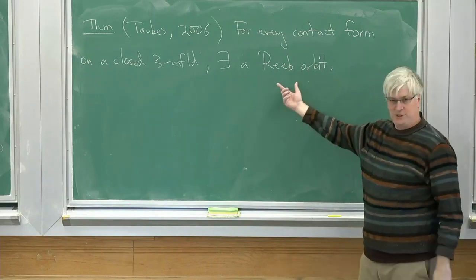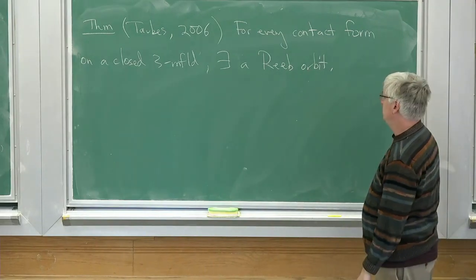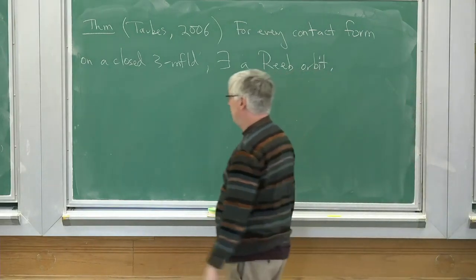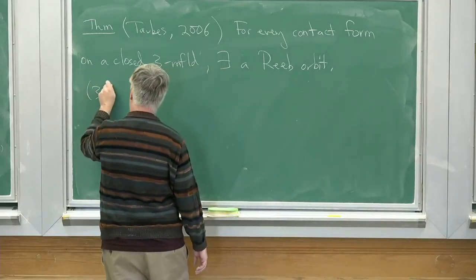So this Reeb orbit means a periodic orbit of R. So there's always at least one. And this is the three-dimensional case of the Weinstein conjecture.